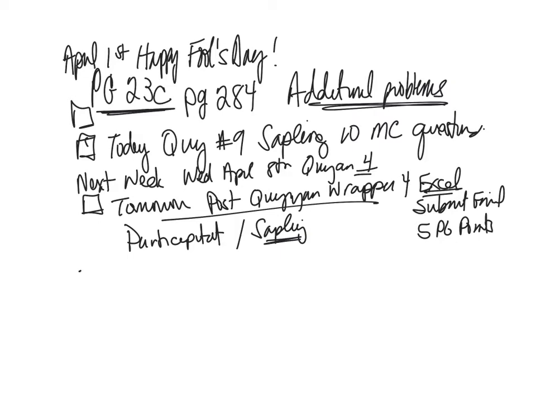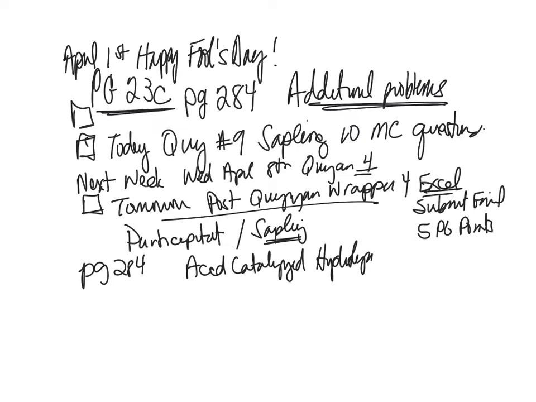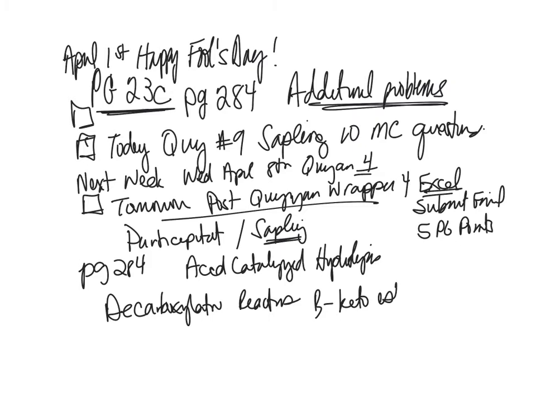All right, so let's start with page 284. We're going to talk about acid catalyzed hydrolysis, and this is something you want to include in your reactions. We're going to talk about decarboxylation reactions, and these are really going to apply to the beta keto esters.